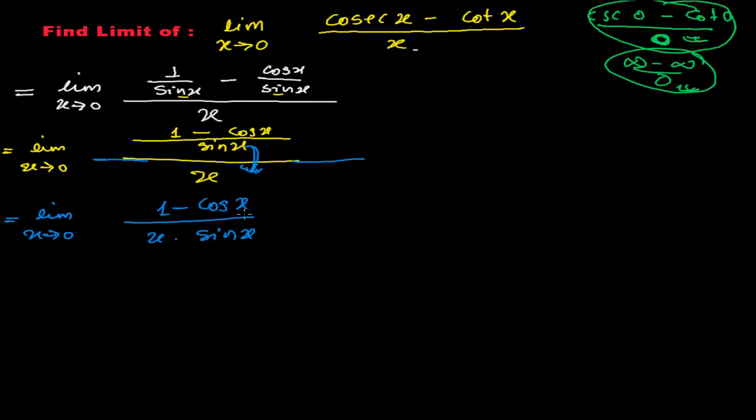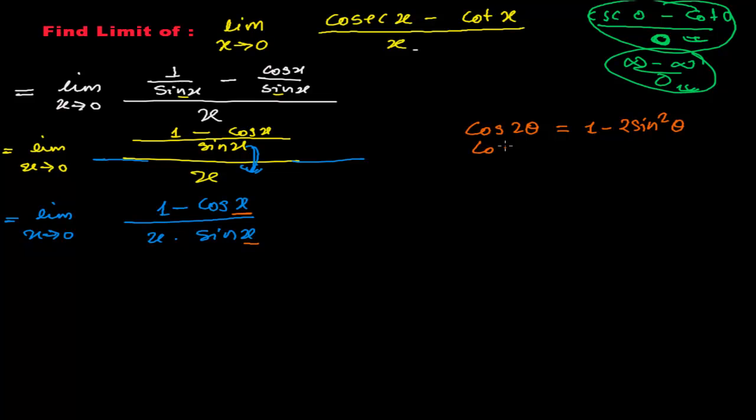We can convert this x into a half angle. Let me tell you that cos 2 theta is equal to 1 minus 2 sine square theta. This formula you have learned in trigonometry, and I know you're very well acquainted with it. So the same thing I'm writing here.